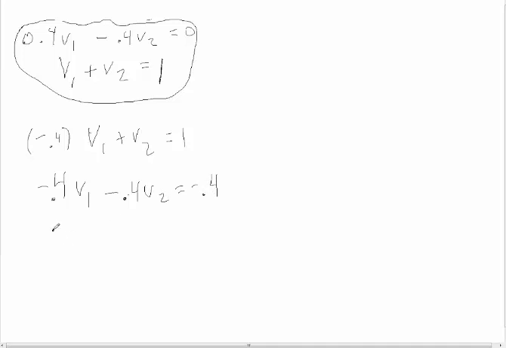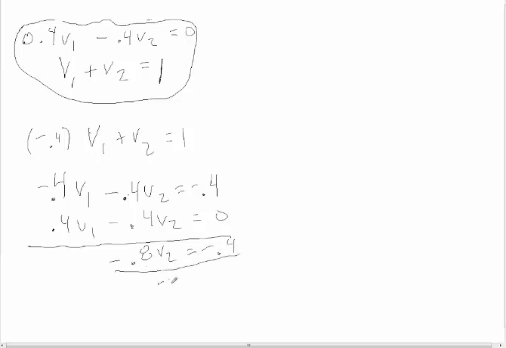I got 0.4 V1 minus 0.4 V2 equals 0. When I add these two equations together, I get negative 0.8 V2 equals negative 0.4. Divide both sides by negative 0.8, and we get V2 equals 0.5.